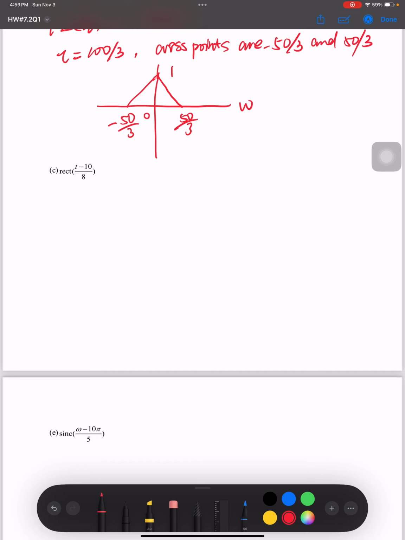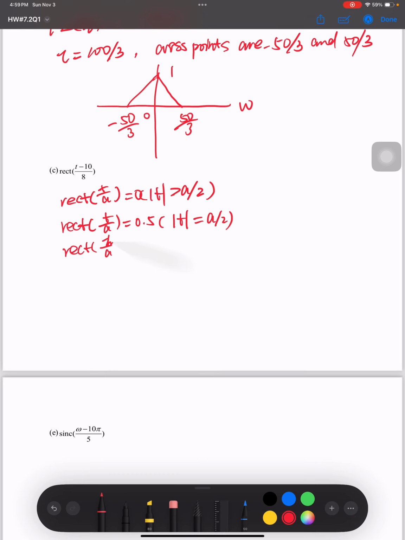We start with the definition: rectangle of t over a is 1 when the absolute value of t is smaller than a over 2, equals 0.5 when the absolute value of t equals a over 2, and otherwise it equals 0.